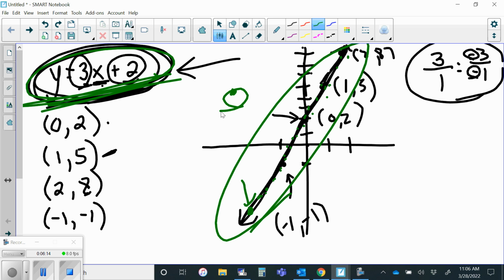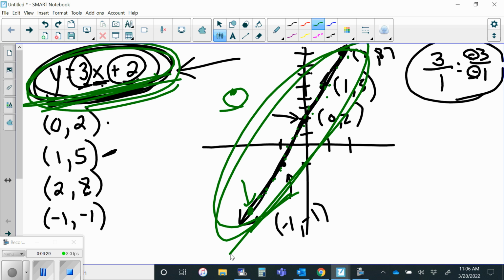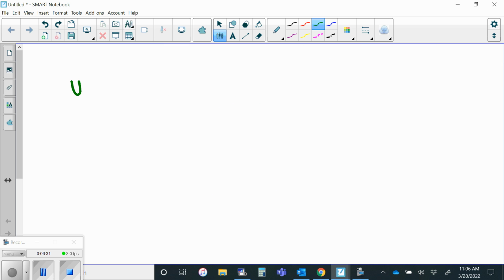Visual representation of all the solutions, answers, whatever you want to say. Does that make sense? That's how an equation and a graph are related. So if I gave you an equation that looked like this, don't write, just watch.